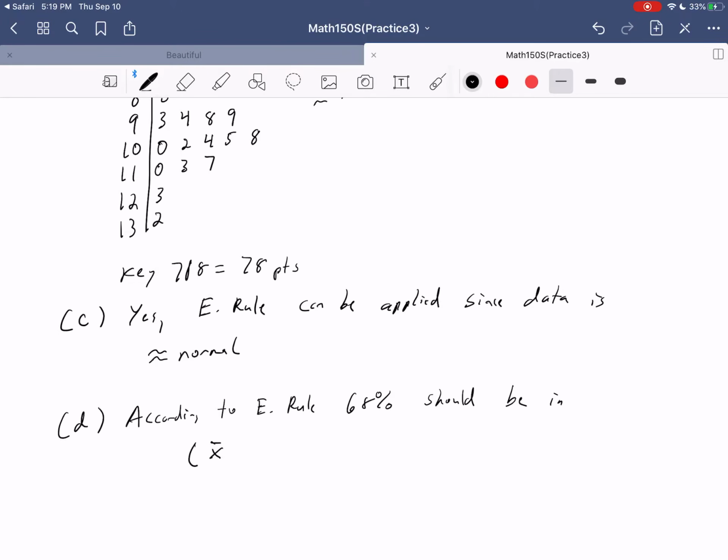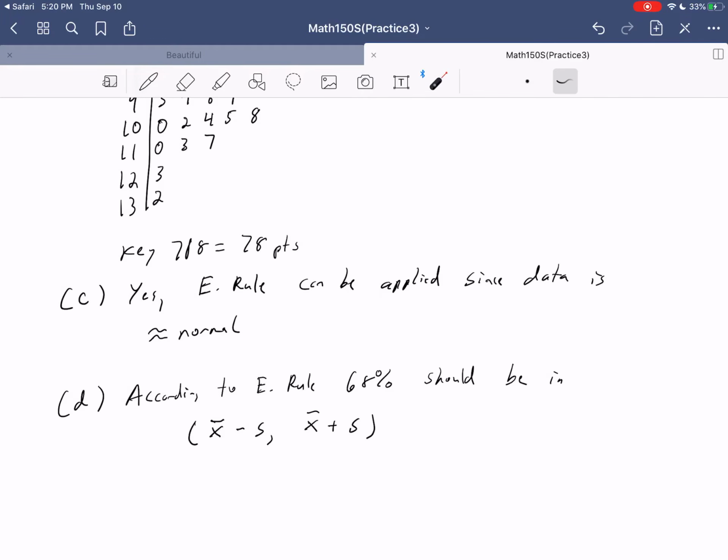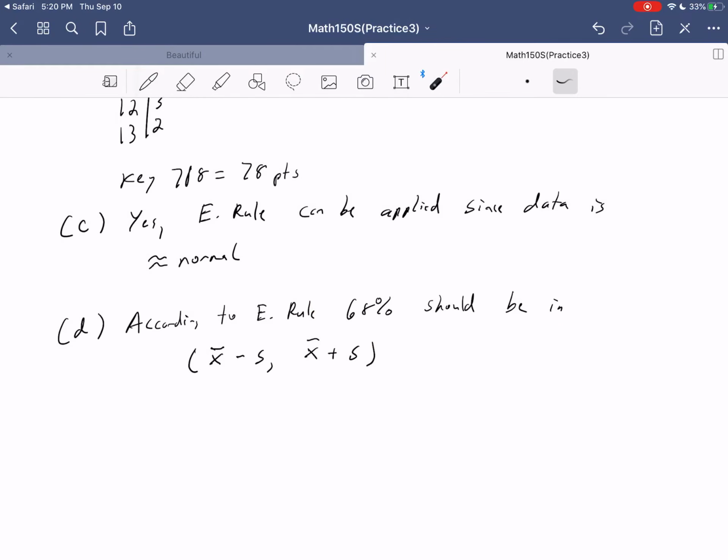In notation, we would say x bar minus s to x bar plus s. If we wanted to know about 95%, we'd use two standard deviations, so x bar minus 2s, x bar plus 2s. If we wanted 99.7, we'd do x bar minus 3s, x bar plus 3s. But since we specifically said 68%, we'll only go one standard deviation in each direction.